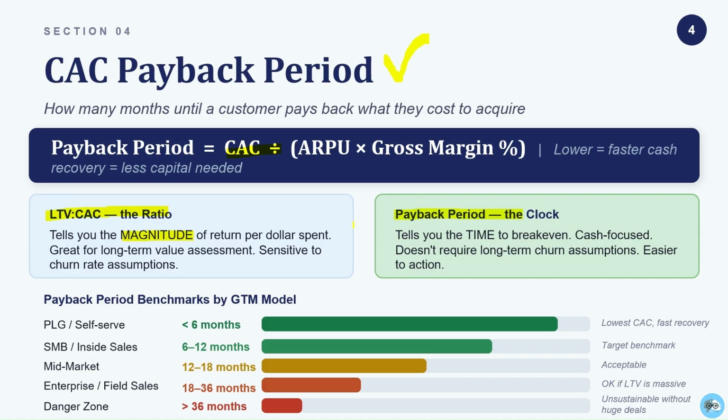But in case of payback period, it is like a clock. You're trying to understand how much time it will take to break even. How much time will it take for you to get your money back, where you have no profit or loss with that particular customer? A very easy way to understand this is to think of buying a rental property. You invest 10 lakh to buy it. It generates 1 lakh rent every year.